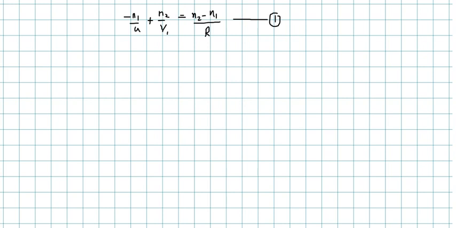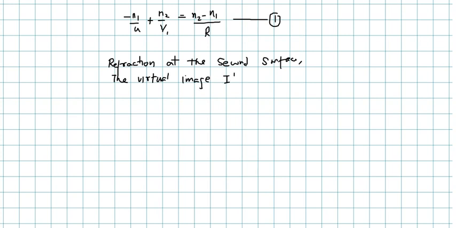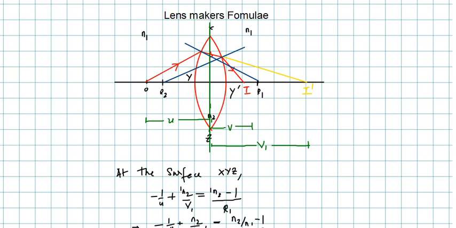Now refraction at the second surface. The virtual image I dash acts as object for the second interface XY dash Z. Now the ray is traveling from denser to rarer, that is N2 to N1.